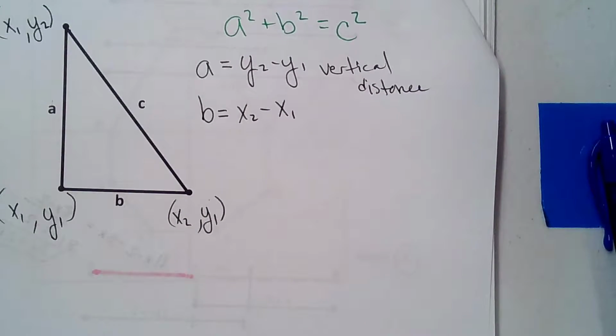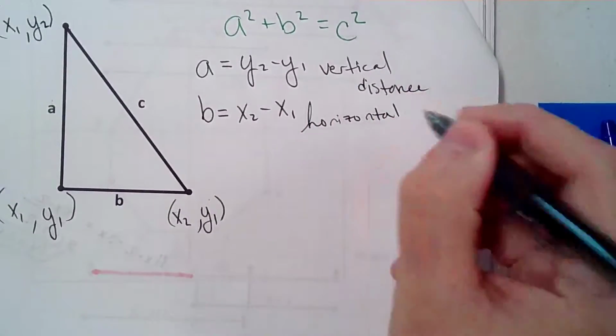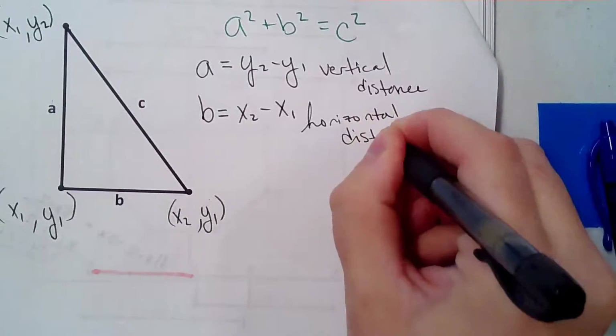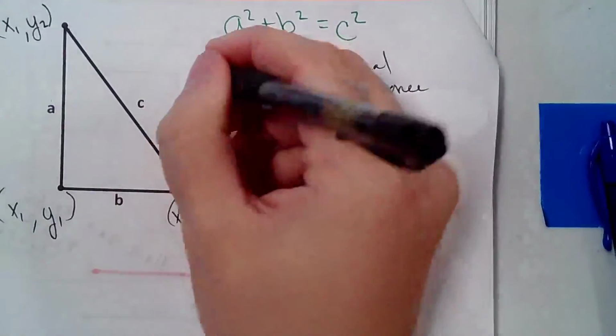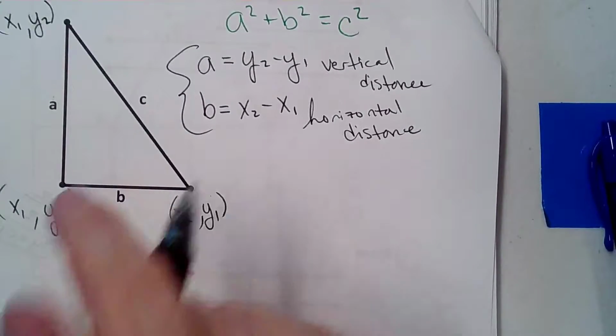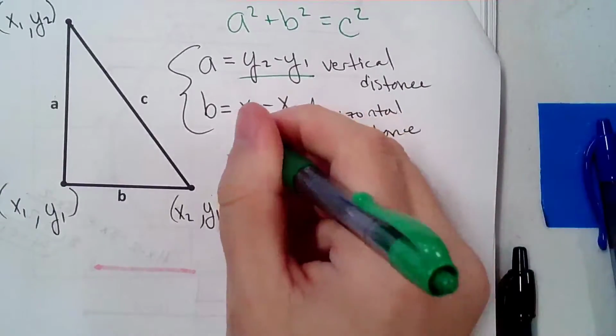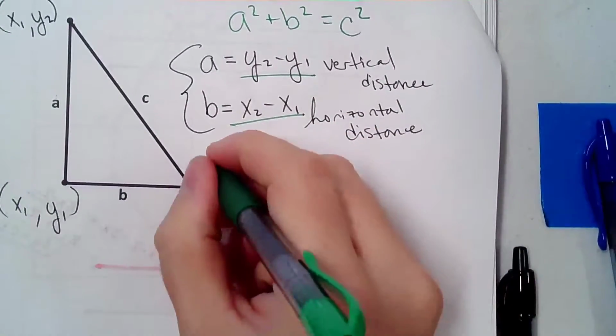Now, why does B get the x's? Because B is horizontal. And why are we subtracting? Because distance. Horizontal distance. After you have that, we know what A is. A is this. We know what B is. B is that. We can plug them in.